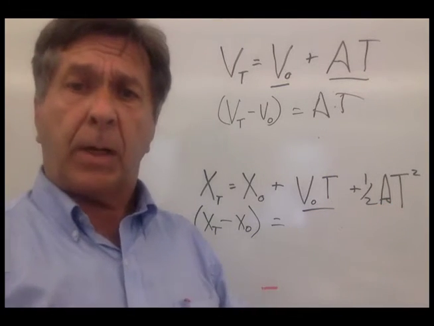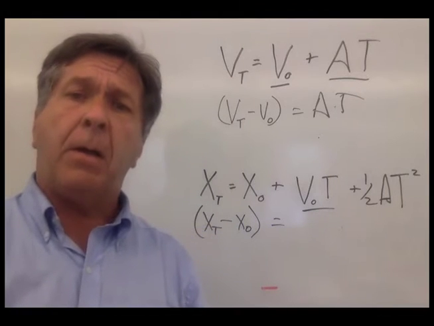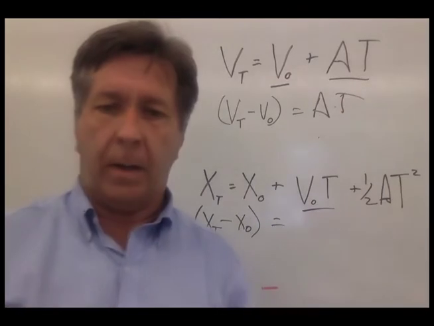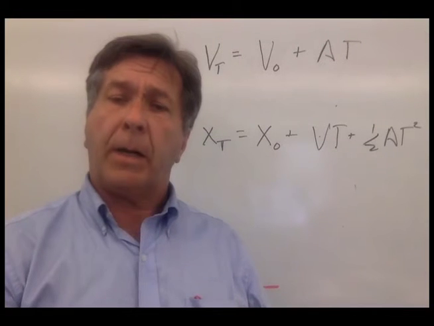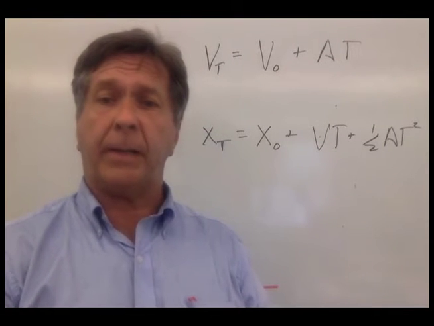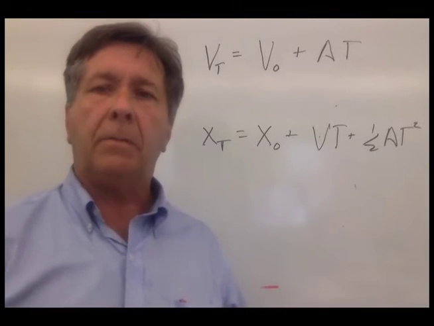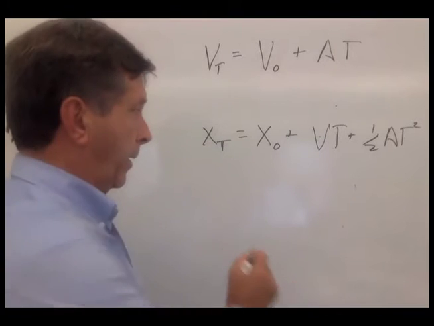These equations are going to break down fairly simply, but let's just plug in something and get an idea where they go very quickly. Let's assume we have a drag racer and he is accelerating at a constant rate of, let's just say, 4 meters per second squared.